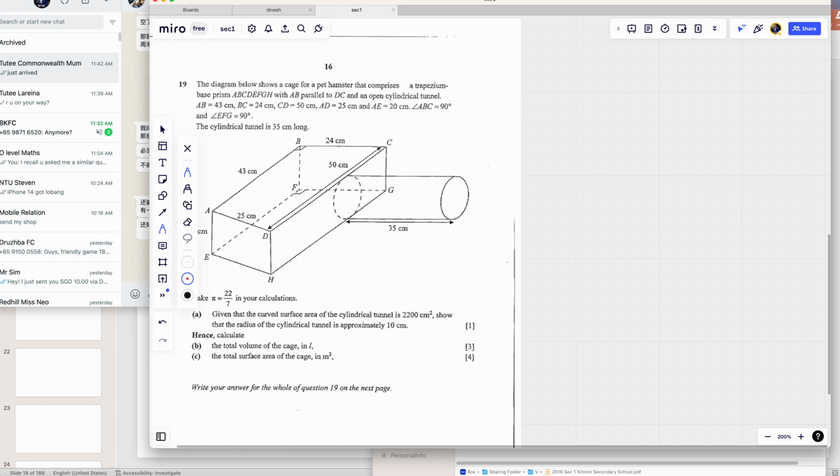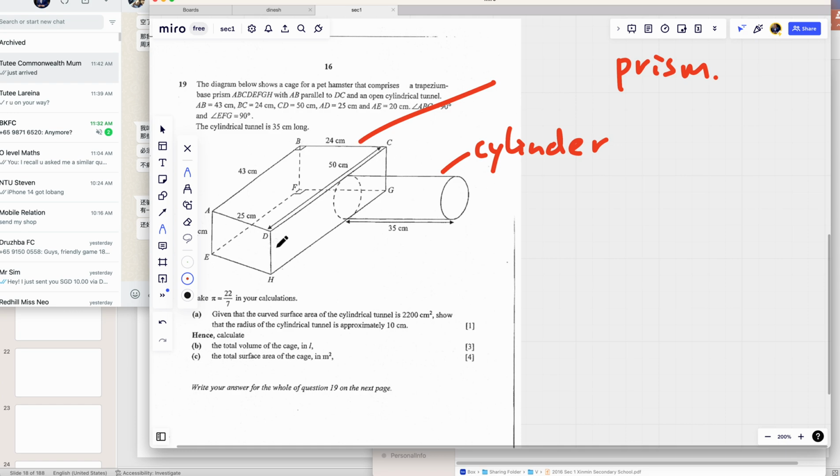So which two figures you see here? A cylinder and what's the name for this one? It's a prism, but what shape? This is a parallelogram. Did they say?